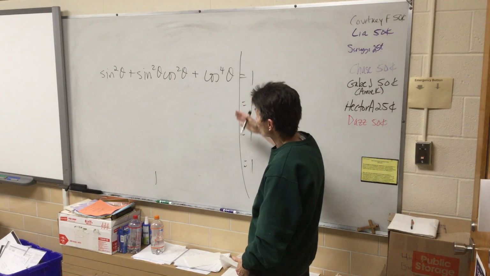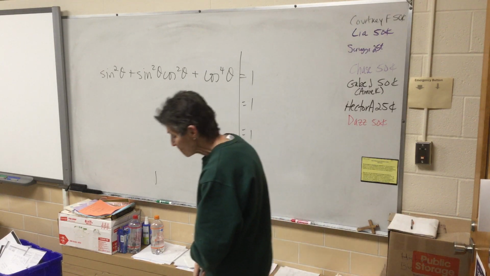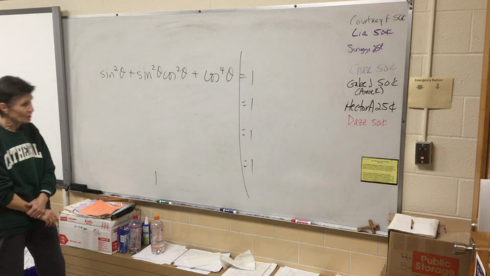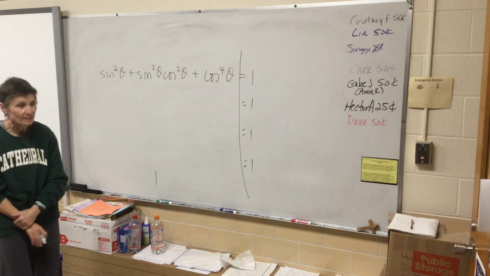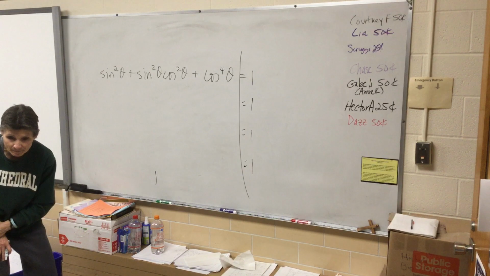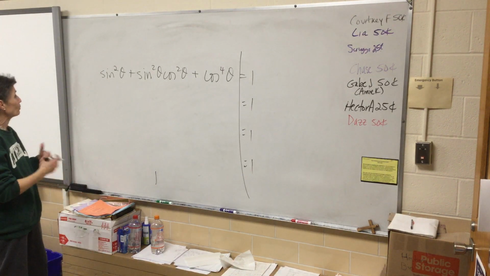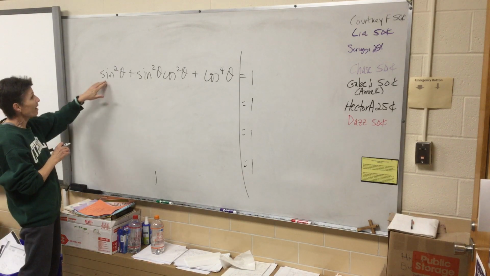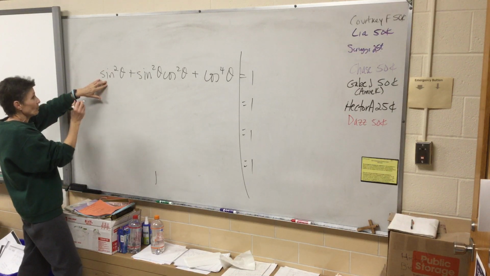So it sort of makes sense that if I change everything into the same function, I will have a better chance of getting everything to cancel. Would you agree with that strategy? So it doesn't matter which way we go. I might change my sines into cosines. And let's see what happens.